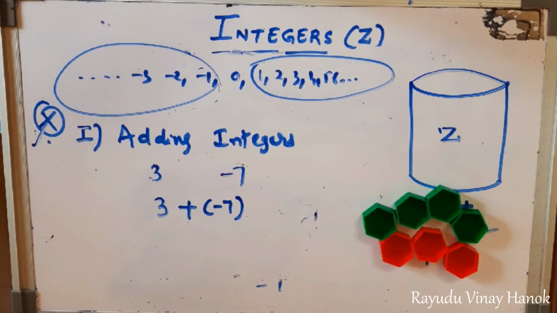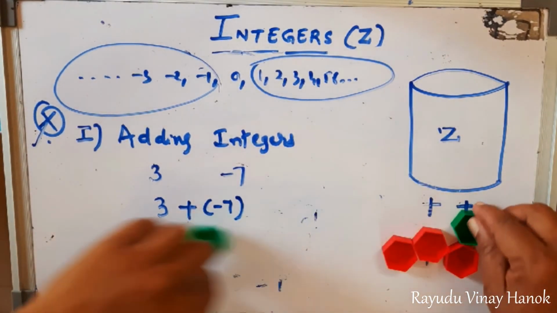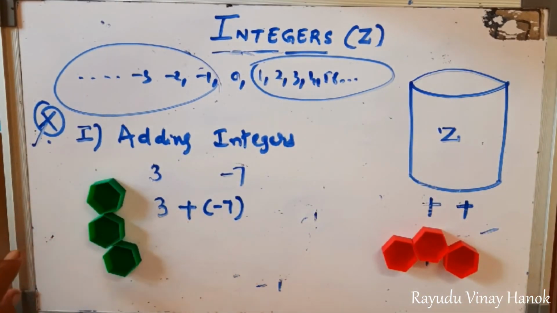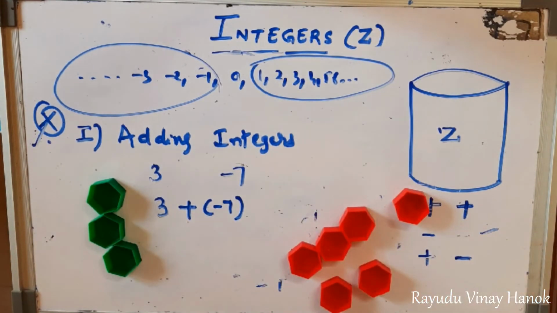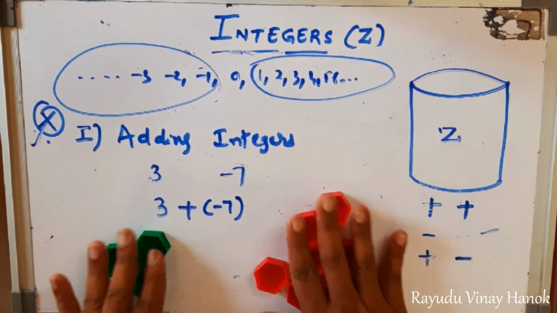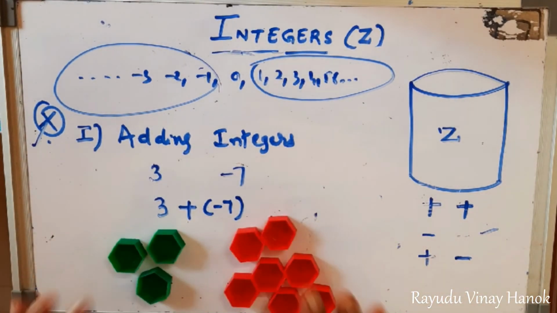Okay, take 3 positive, 3 green ones, and 7 red ones. Now we have to add them. So what color is dominating? As you see, minus is dominating. The red one is dominating.